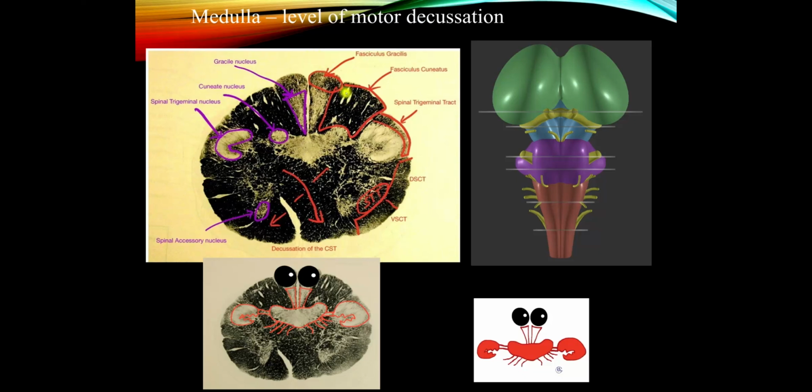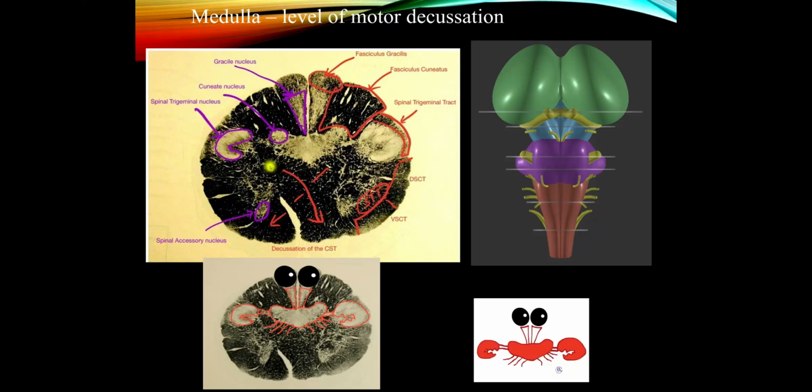But remember, a pathway is dark. So this is the fasciculus gracilis, just like it was in the spinal cord, and this is the fasciculus cuneatus. Remember, for the fasciculus gracilis, we're still talking about vibration and proprioception below T6. For the fasciculus cuneatus, it's vibration and proprioception sensation above T6.